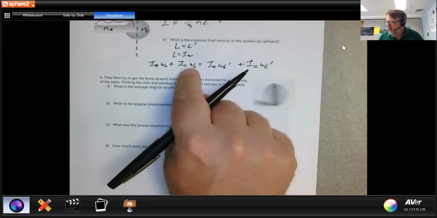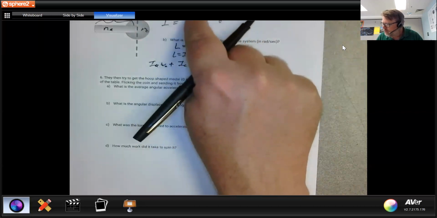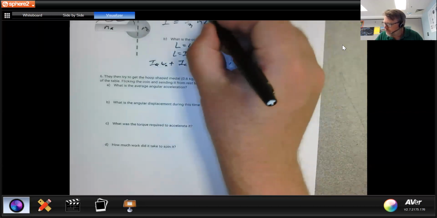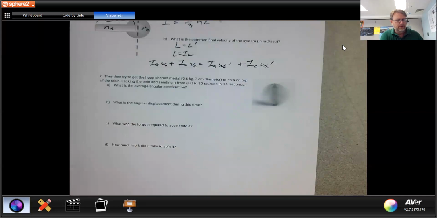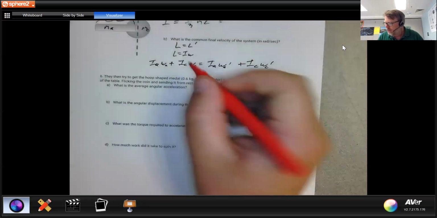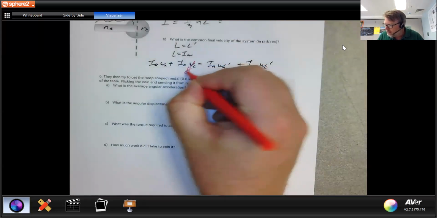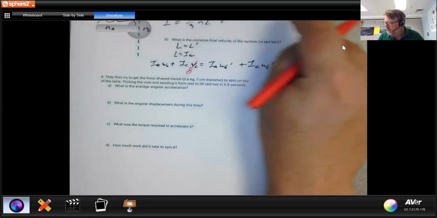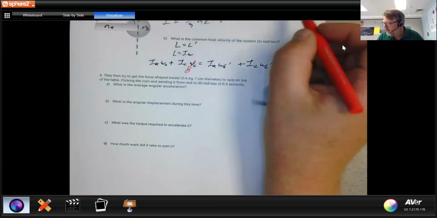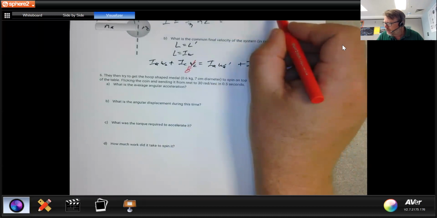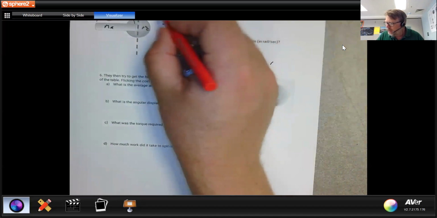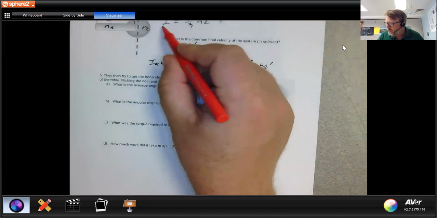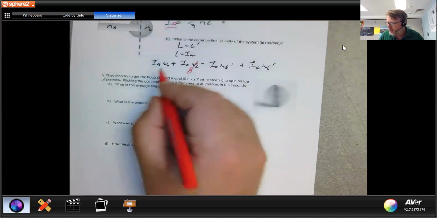So the coach is stationary, that means this one is 0. Your athlete has a starting velocity, and you just figured out that number.